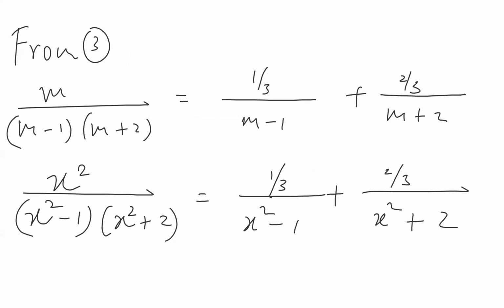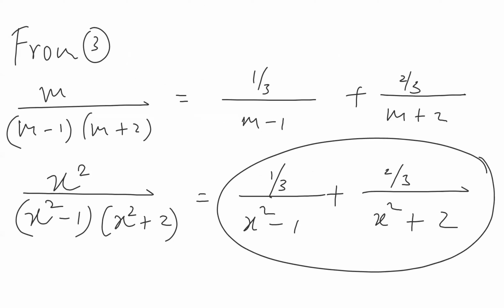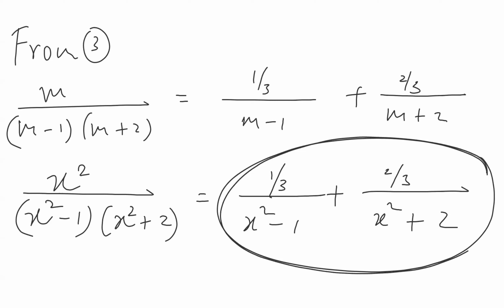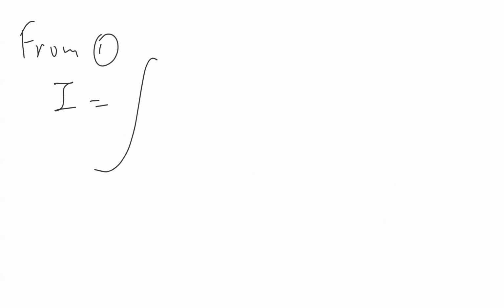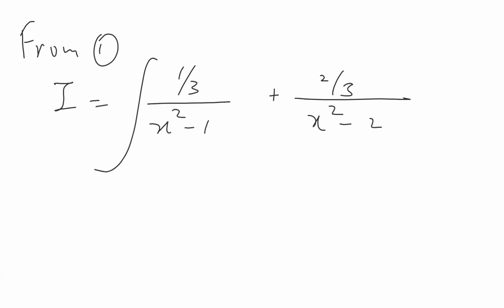So integration, that is from equation number 1. I is equal to integration of this entire thing: 1 by 3 upon x square minus 1 plus 2 by 3 upon x square minus 2 dx.